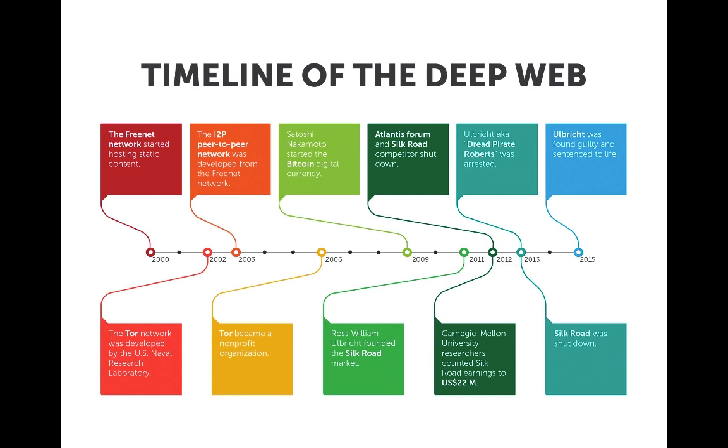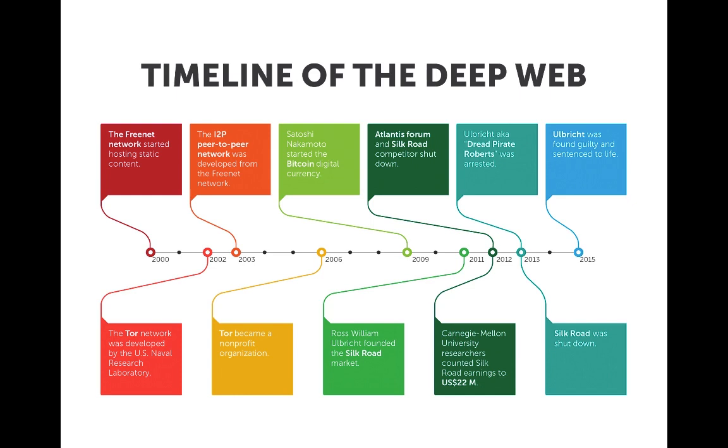In 2011, Ross Ulbricht founded the Silk Road market, one of the biggest markets where you can buy drugs and a lot of other stuff. We are going to explore the Silk Road case study in our bonus section. After one year, Atlantis, a Silk Road competitor, shut down.